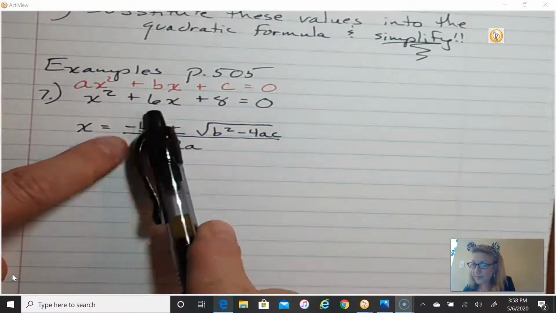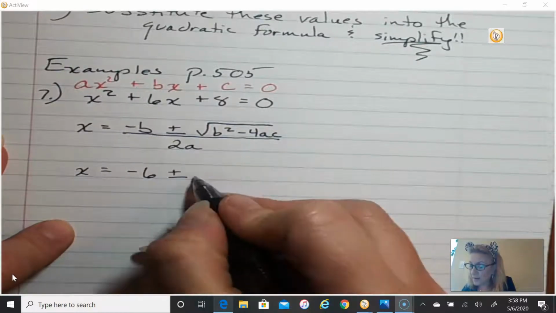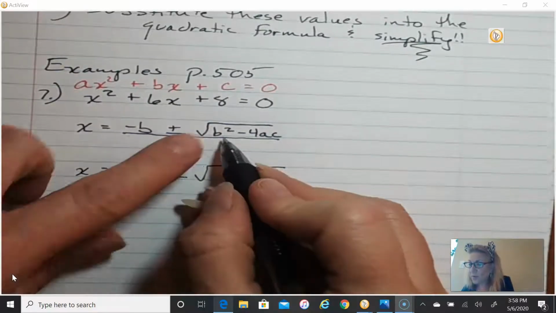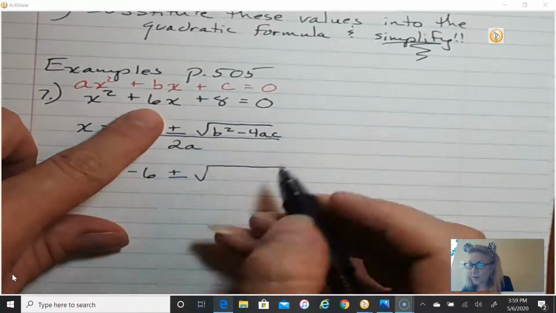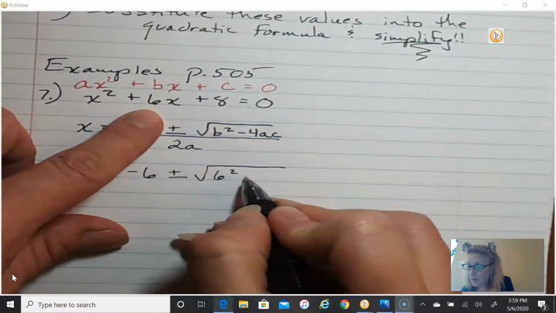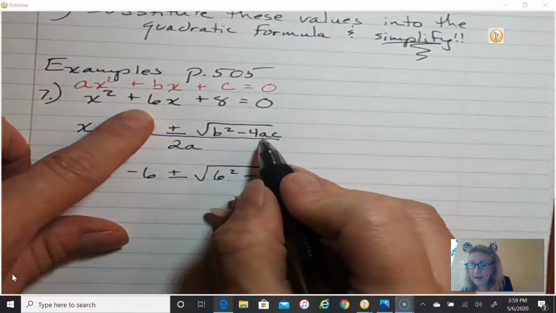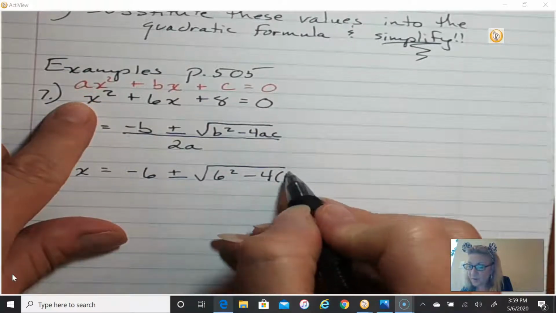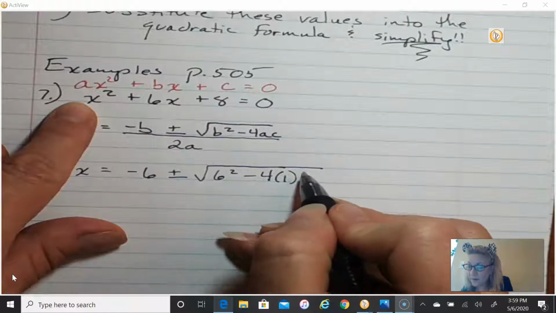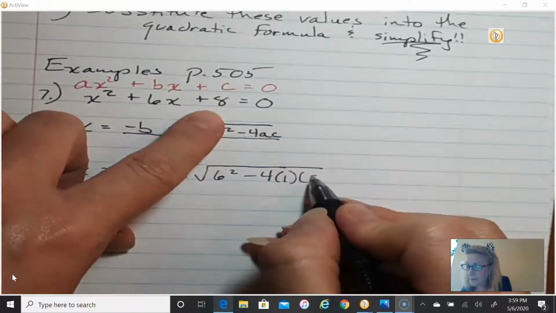So it's going to be negative 6, plus or minus square root of b squared, which is 6 squared, minus 4 times a. What's a? Right here, 1. Remember imaginary 1. And then times c. c is 8.